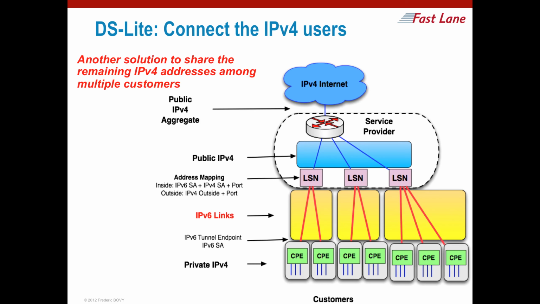Another solution to support customers is DS-Lite. Again, DS-Lite can be used if the link between the service provider and the customer is running IPv6. So in this case, the CPE at the customer is not running NAT anymore.